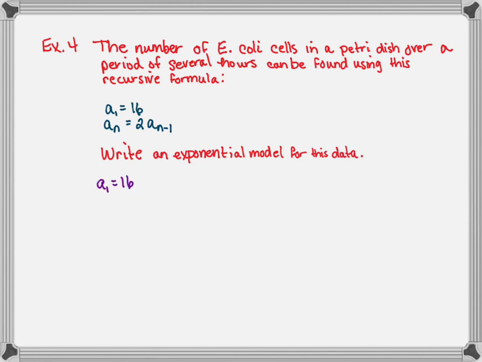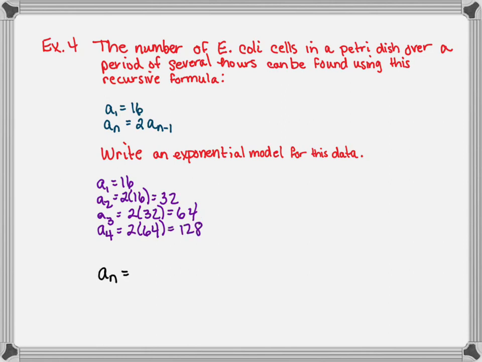So if we look at some terms in this sequence, we have A sub 1 equals 16, A sub 2 equals 2 times 16, which is 32, A sub 3 equals 2 times 32, which is 64, A sub 4 equals 2 times 64, which is 128.